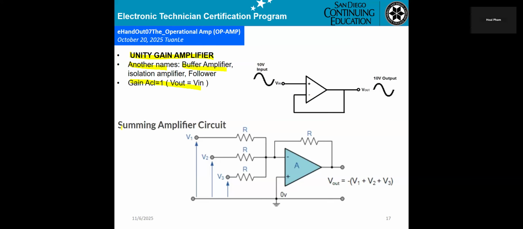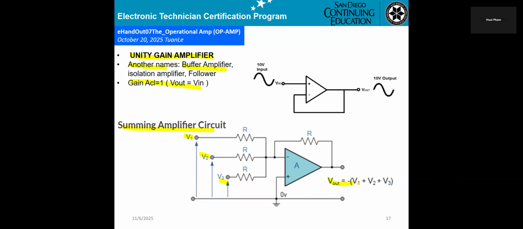Like a summing amplifier. That means using an inverting amplifier. Input they get V1, one input, two inputs, three inputs. Okay? And they make the connection this way.